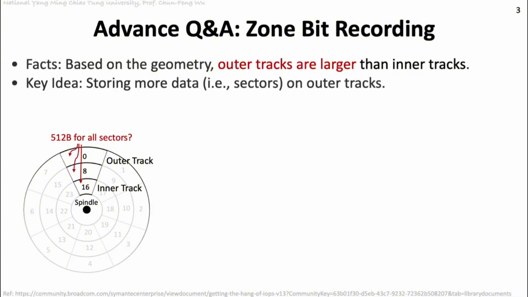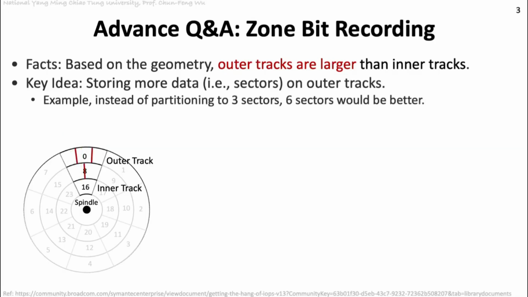A better way is to store more data on the outer track. Like this, the size of this sector would be very close to the size of this one. So for the outermost track, in this region, we can store three sectors in the outer track. It means that for data density, in this example we can store 3 times more data in the outer track compared with the inner track.